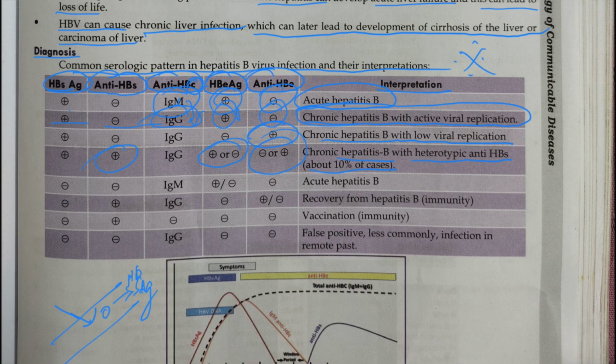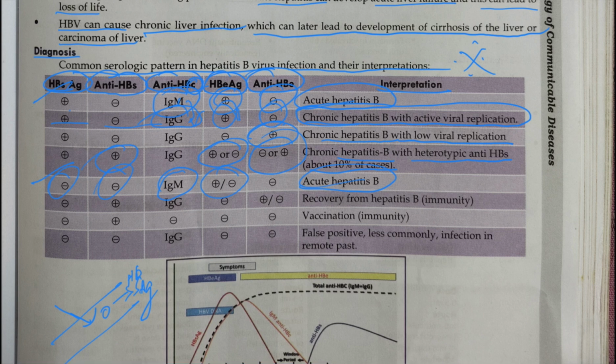Again, both of these disappear. This is another new case, also one of the findings. This is again acute hepatitis B. So acute hepatitis B can be like this or like this.